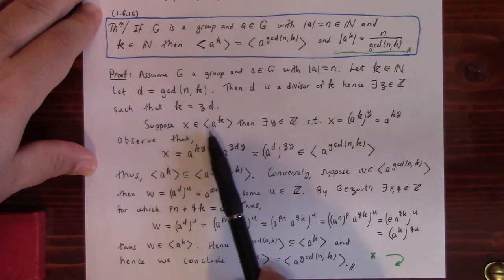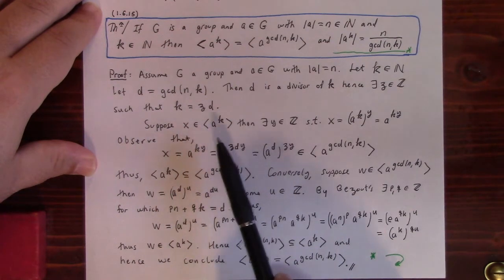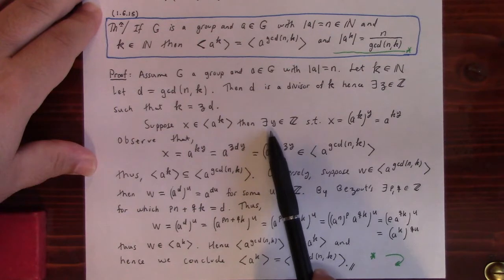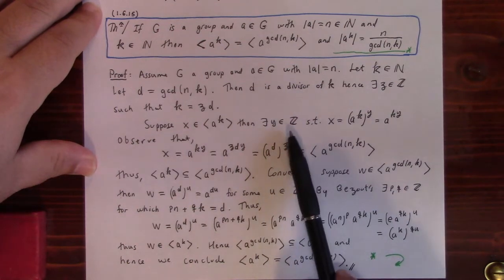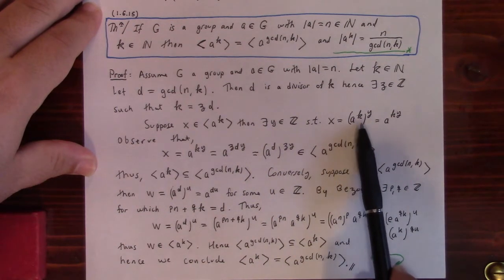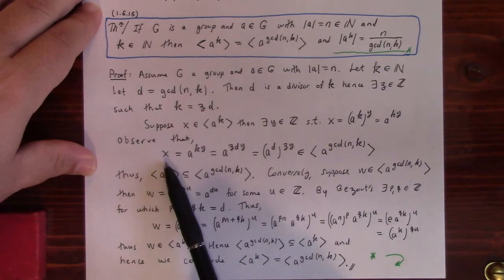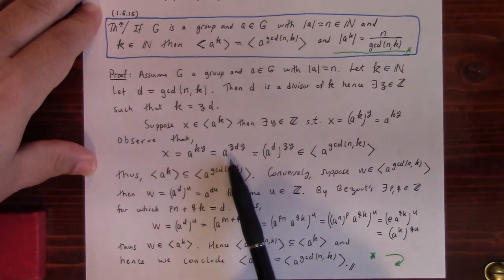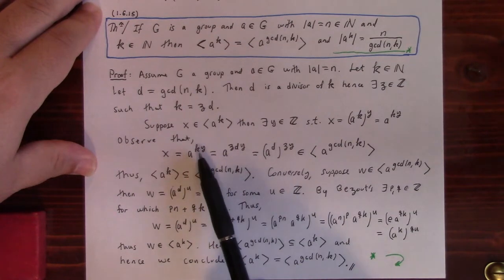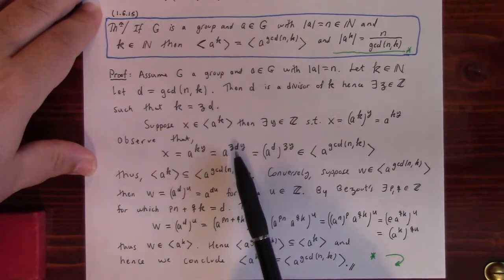So suppose x is an element of the subgroup generated by a to the power k. Well, then there exists y in Z such that x is equal to a to the k to the y, a to the ky, if you will. Observe that x is equal to a to the ky is equal to a to the zdy, because I have assumed that k is zd.